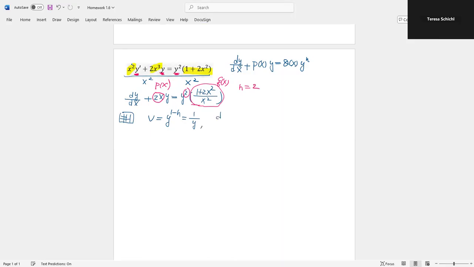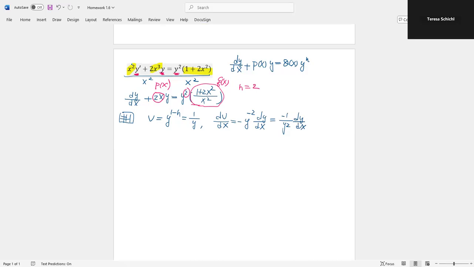Then I take the derivative: dv/dx is equal to negative y to the negative 2 times dy/dx, or you can rewrite this as negative 1 over y squared times dy/dx.